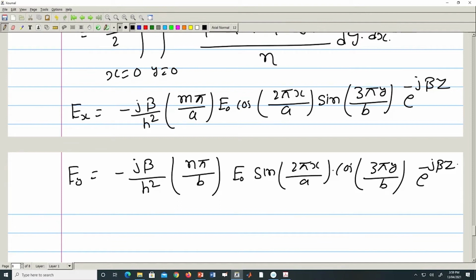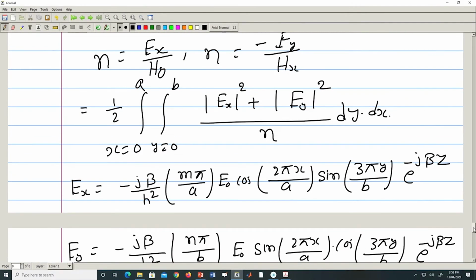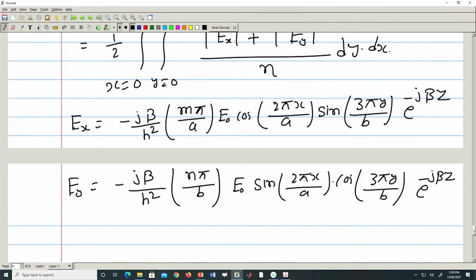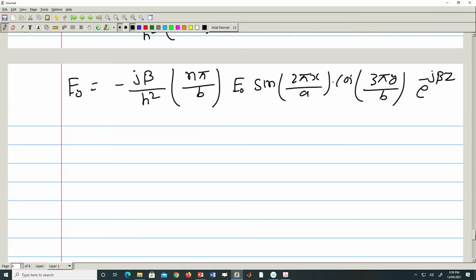So, this is the Ex and Ey, and after taking the mod, the last part e to the power minus j beta z will be 1. Then we can do the integration of Ex square and Ey square.